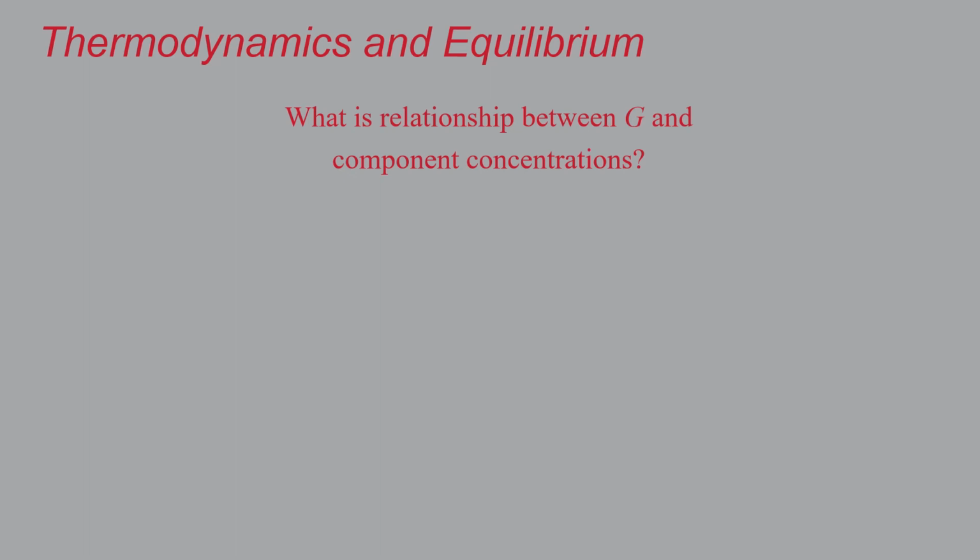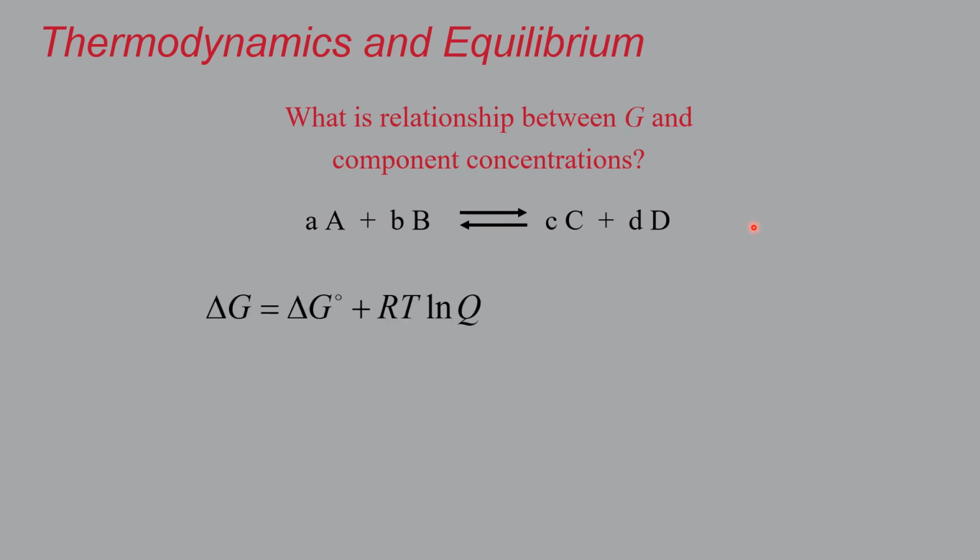So what's the relationship between the free energy of a reaction and its component concentrations? For a generic reaction, aA plus bB gives us cC plus dD, we have this expression here.